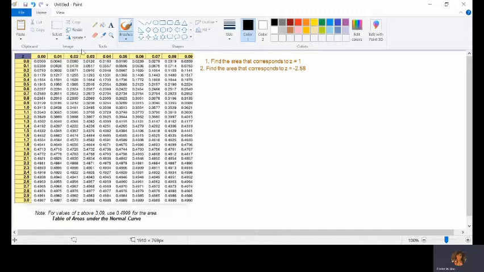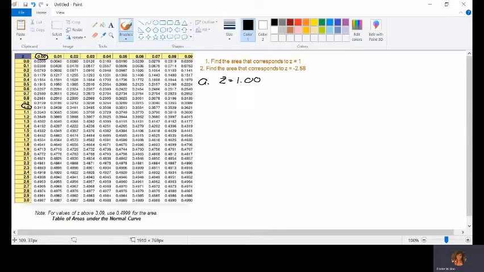As we remember, our first step is to make it a three-digit form. That is, z is equal to 1.00. So in the table, find the row z equal to 1. And here it is. Okay, so in the columns, we're going to find the heading 0.00. So here it is.